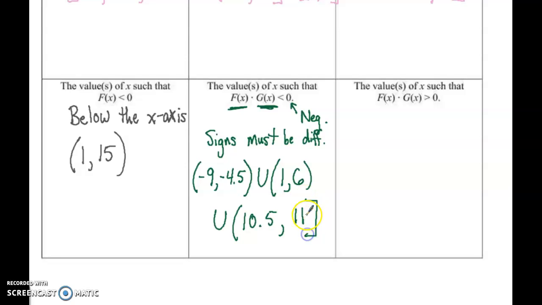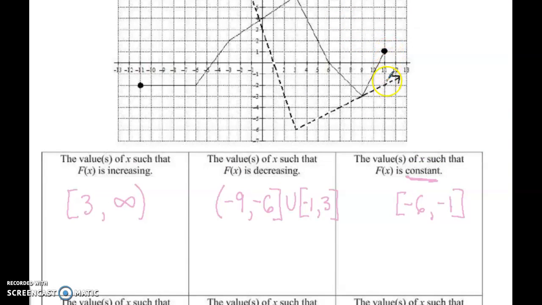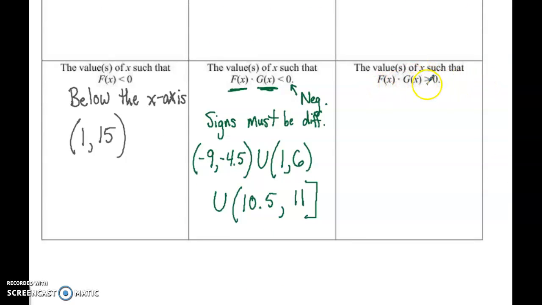And now I can include 11 in the bracket because it's a defined value here and a defined value here. So don't forget about that either. And then this is the same question except the opposite, because now it's a positive. Basically what that boils down to is the signs must be the same.